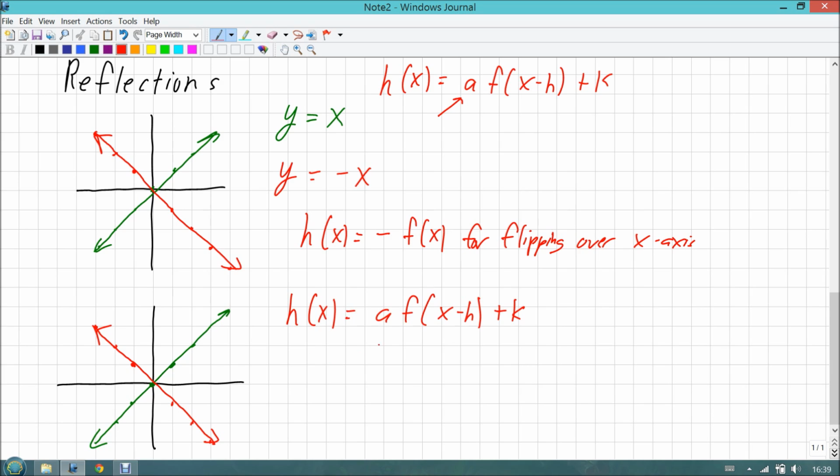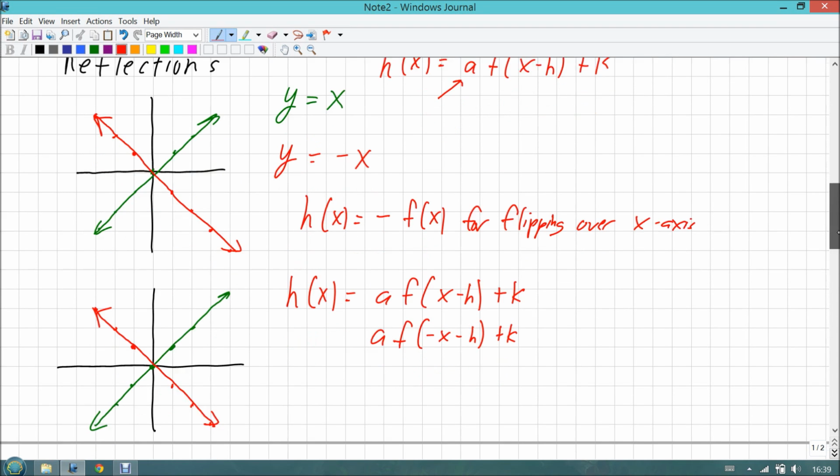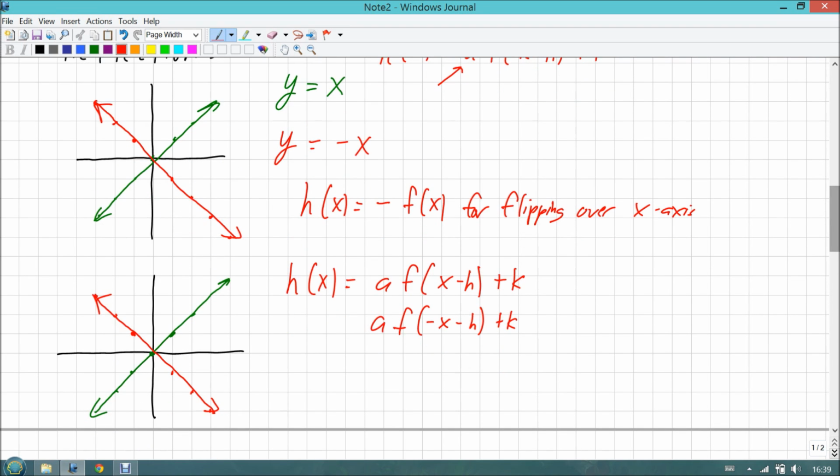So in this case, we would see it as a times f of negative x minus h, and then plus k. The funny thing is that when it comes to lines, these reflections are almost indistinguishable a lot of the time. So we're going to have to be a little bit careful about them.